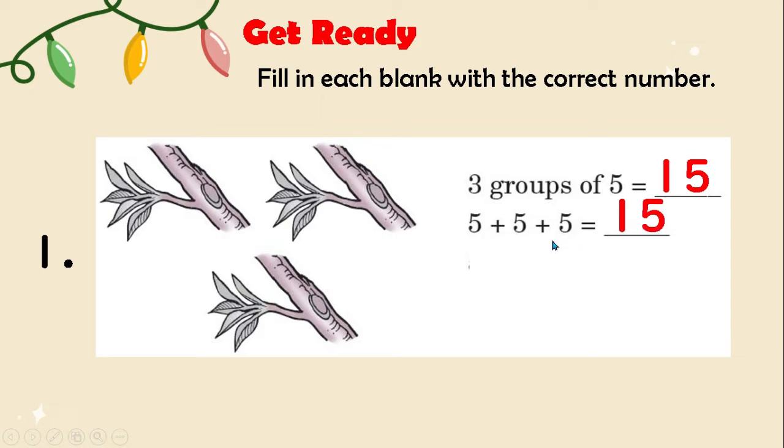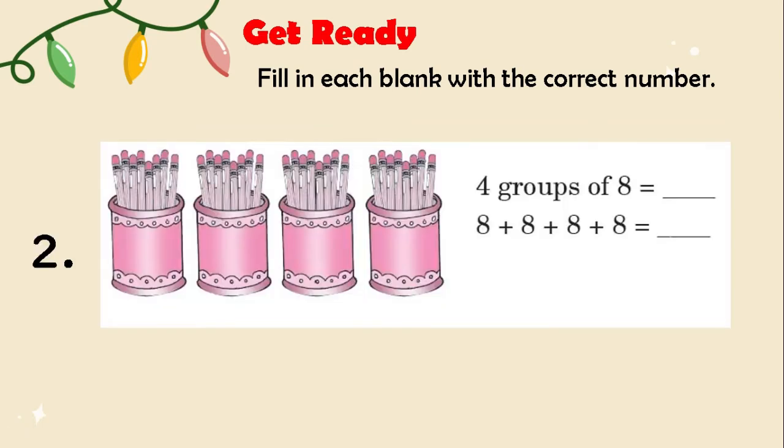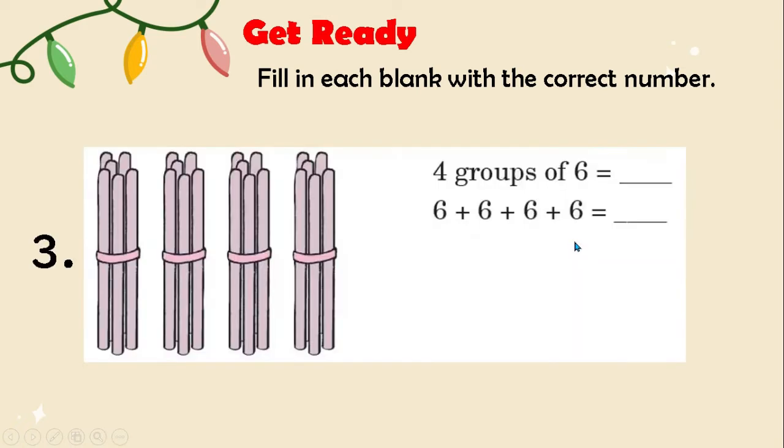Very good. For number 2, here we have 4 groups of 8. And 4 groups of 8 is equivalent to 32. Now, the addition sentence for this, we have 8 plus 8 plus 8 plus 8, which is equivalent to 32. Very good. For number 3, we have 4 groups of 6, which is equivalent to 24.